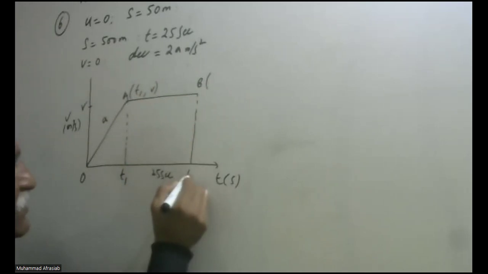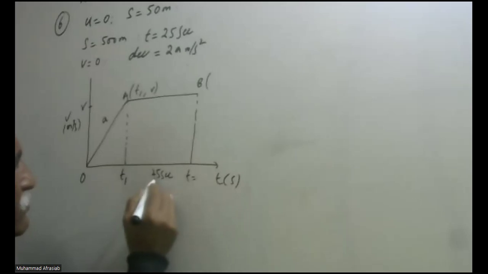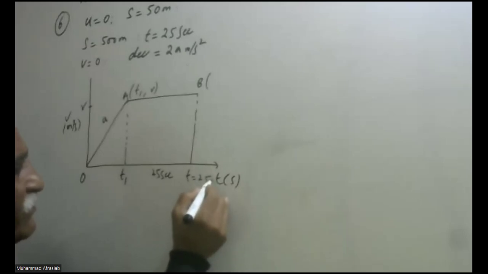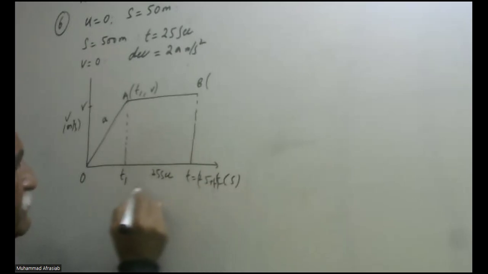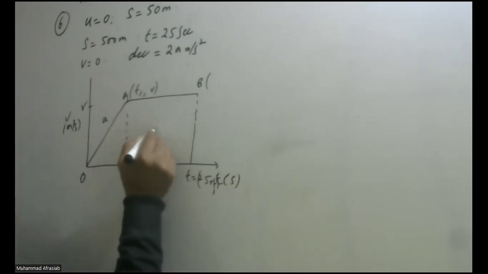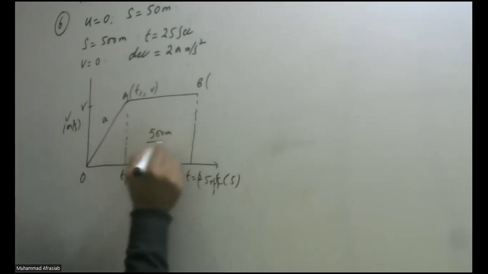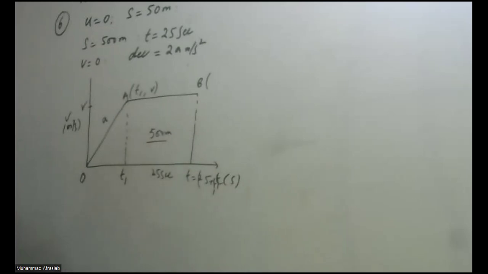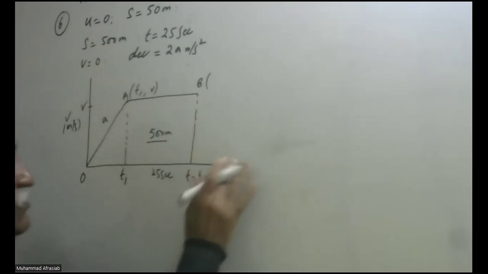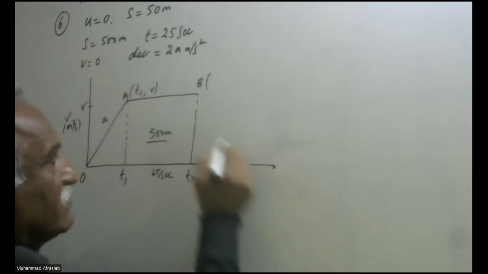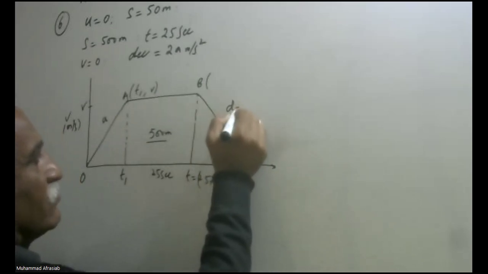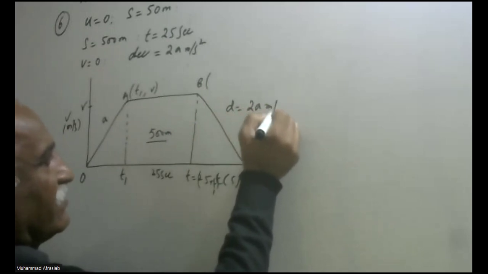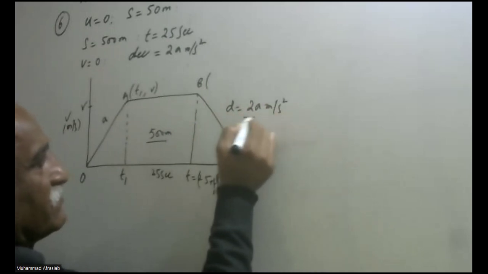So the time here is 25 plus T1, and it has covered a distance of 500 meters from A to B. Then it is going to have the deceleration, and the value of that deceleration is equal to twice a meters per second squared.